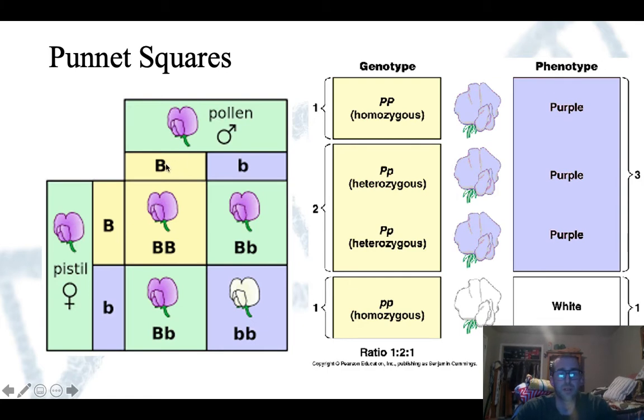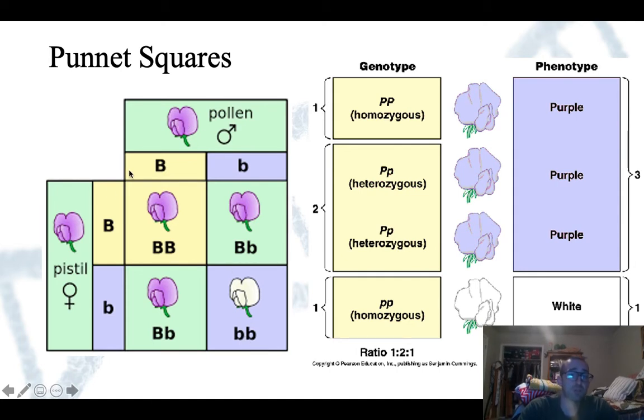Right, so you bring this B down and you bring this B over, and you would get a homozygous dominant offspring. You bring this B down and this b over, and you have heterozygous over here. You bring that allele down, that allele over into this box, and you have heterozygous. And then you bring that b down and that b across, and that gives you a homozygous recessive.